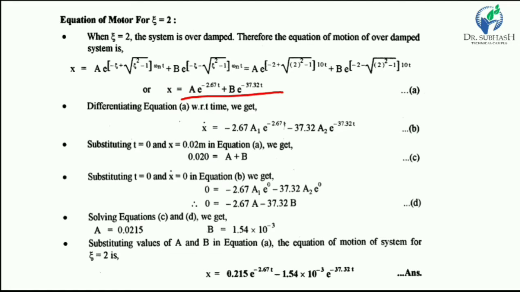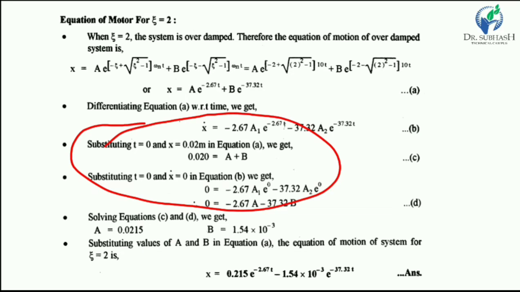So here we differentiate with time, and we get the equation of velocity.